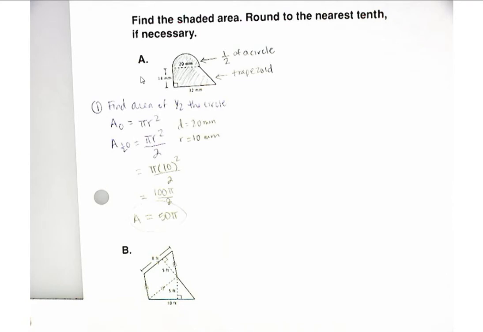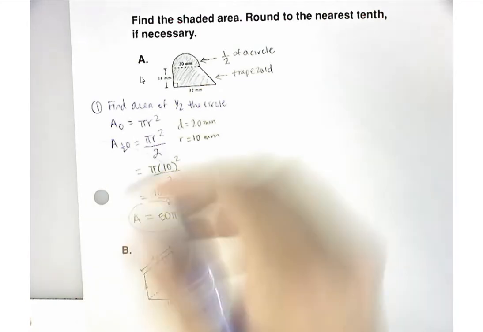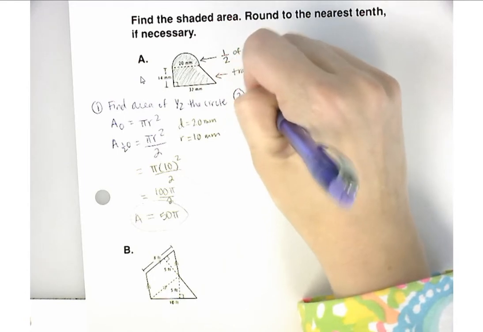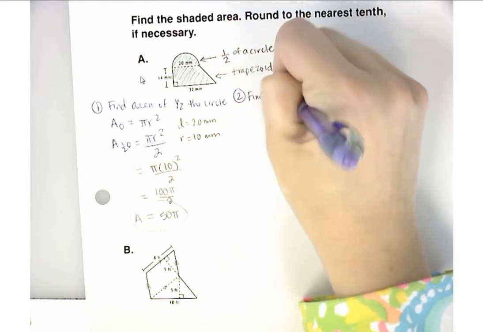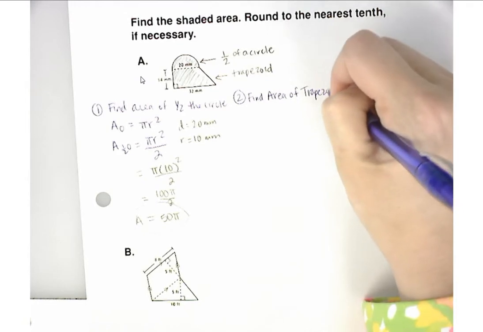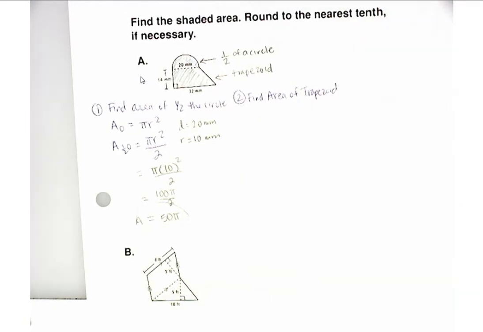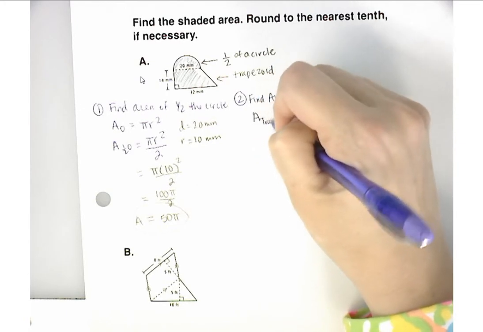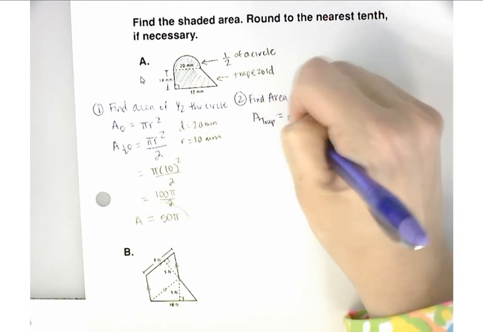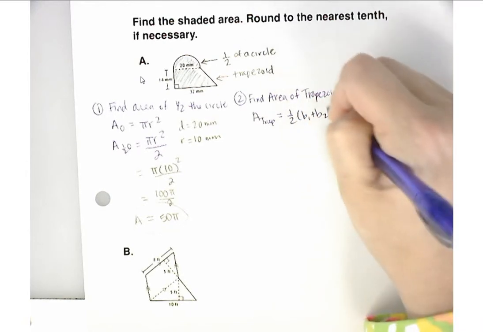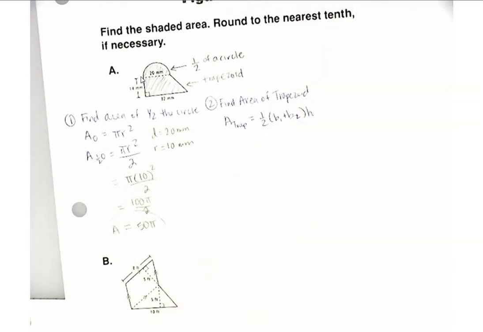Okay, and then the next thing we're going to do is find the area of the trapezoid. So we have to remember our formula. The area of a trapezoid is 1/2 times base 1 plus base 2 times the height.